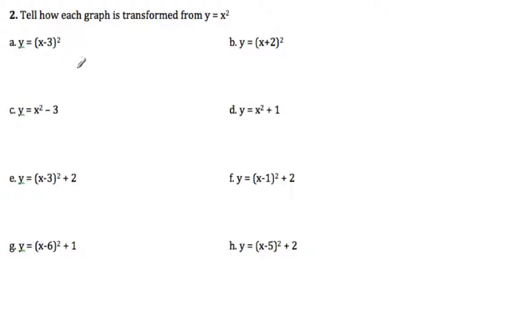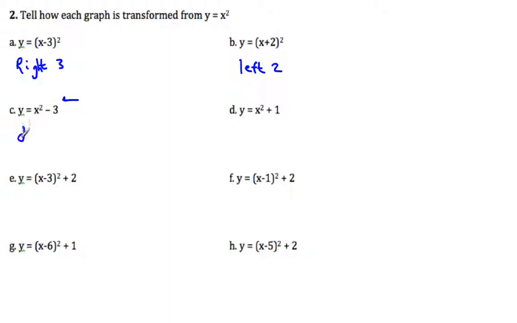On the second part, all you're supposed to do is say how it's been moved. When it says x minus 3, this actually moves it right 3. It's kind of the opposite of what you would expect. X minus 3, right 3. X plus 2, that's moved it left 2. When the translation is outside of the x, like this, then it shifts it down.